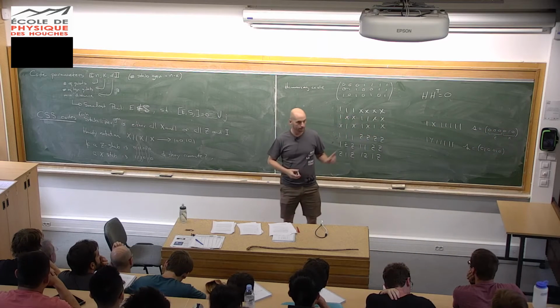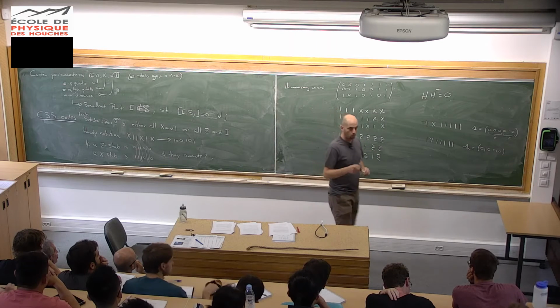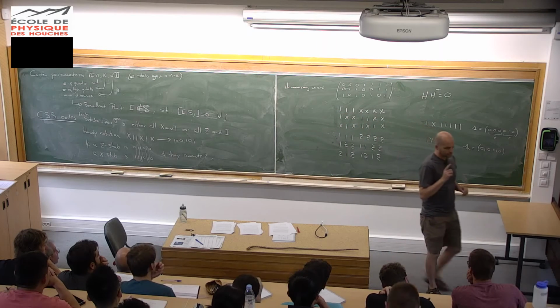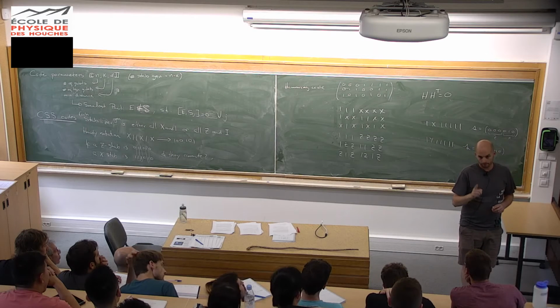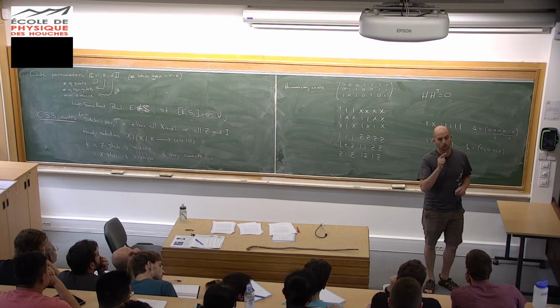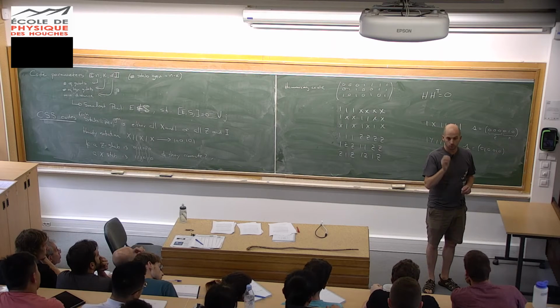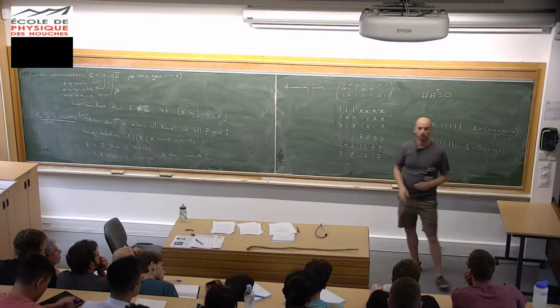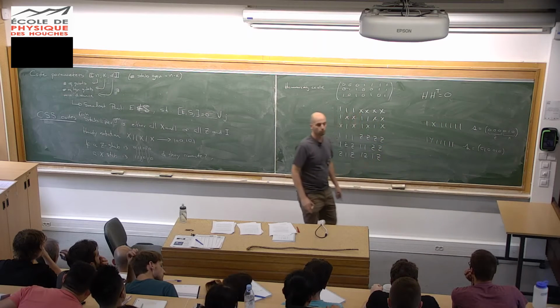No. Well, now you should be convinced that it's at least distance 3. Why? Because it corrects everything of weight 1. Remember, you can correct anything of weight (d minus 1) over 2. So d must be at least 3, because this argument shows that you can correct anything of weight 1.